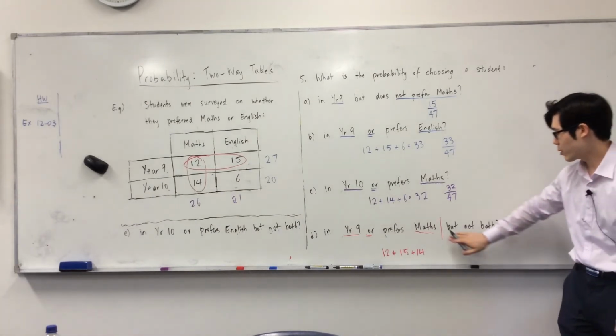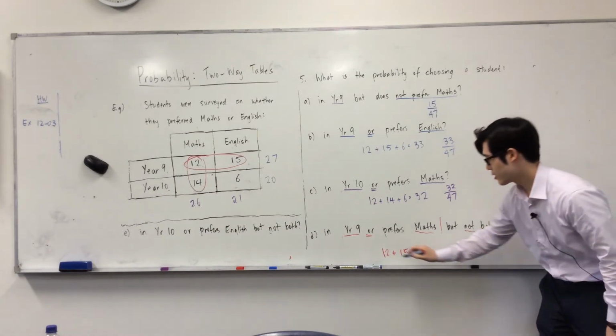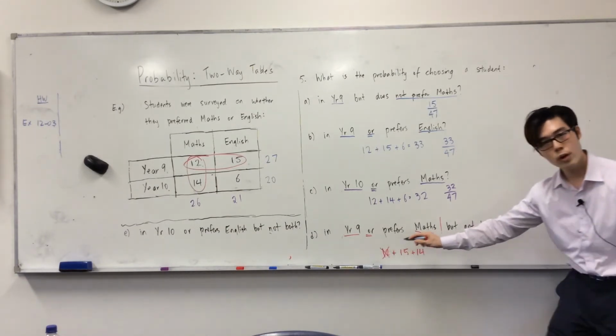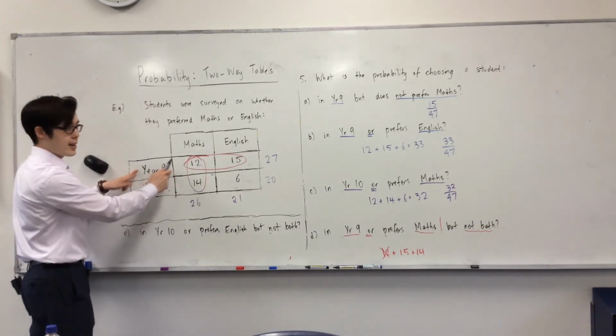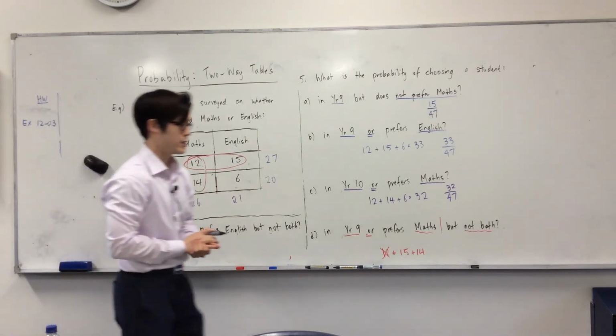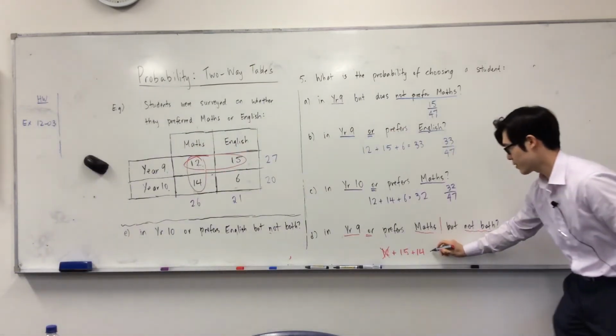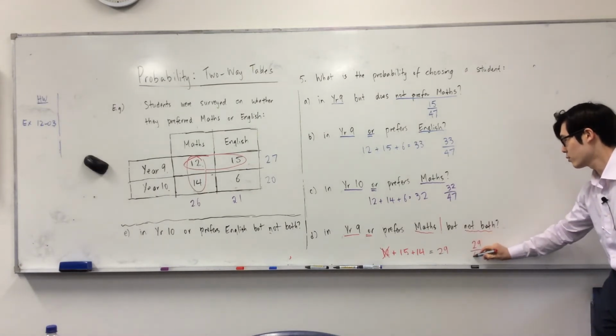Okay, now with the next part of the sentence, but not both, what you got to simply do is you got to get rid of the 12 because 12 students here is both year 9 and maths at the same time. Okay, so we don't want that number included in our calculation. So that's our answer, 15 plus 14, which is 29. So that's just 29 out of 47.